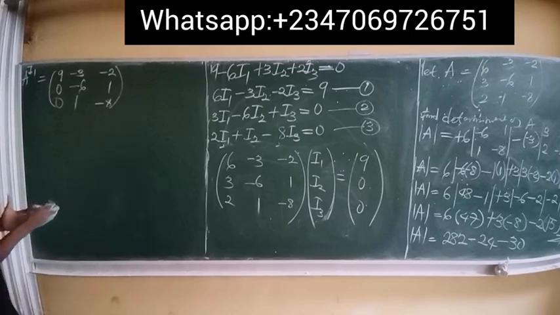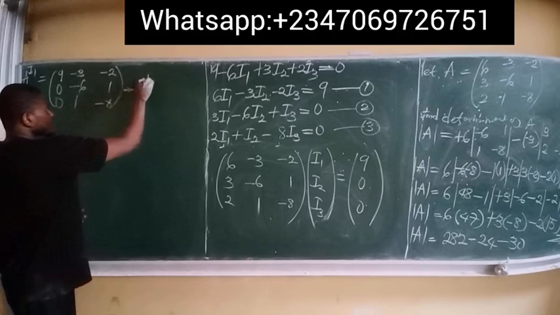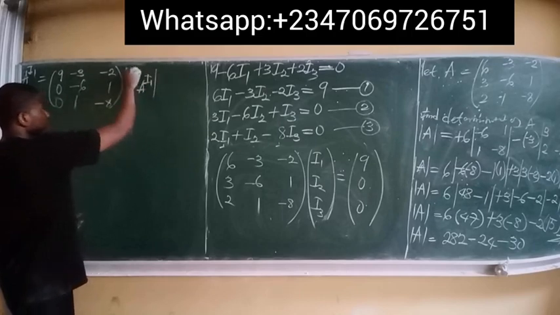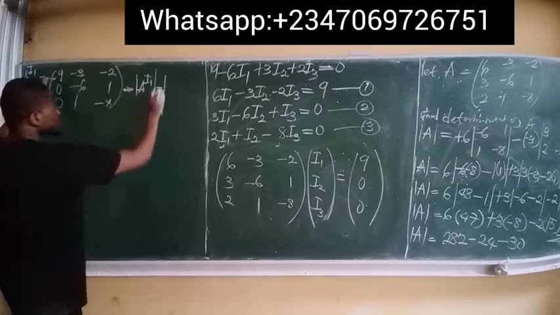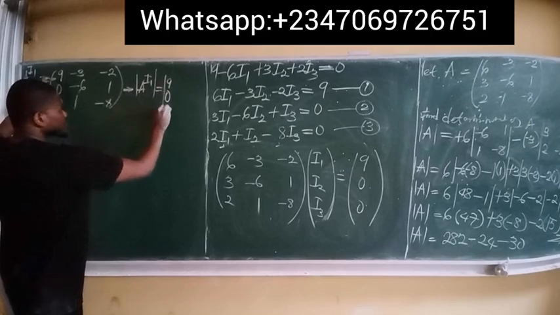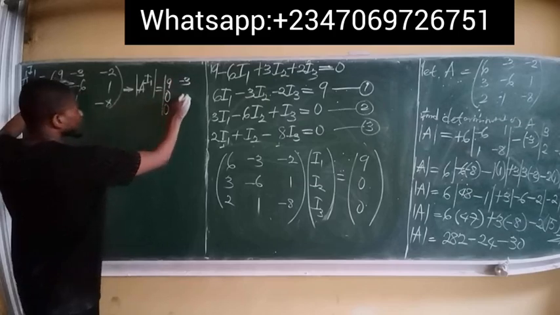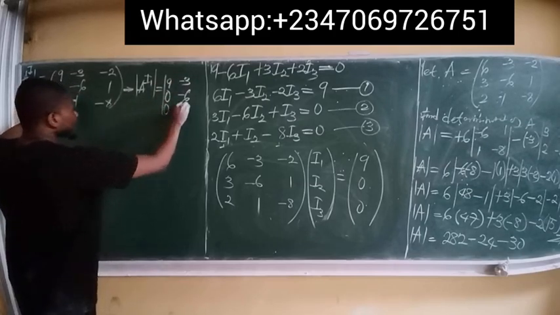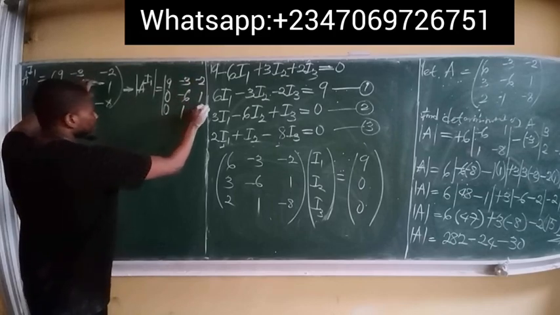So the next thing to do is to find the determinant of this matrix. So A to the power of I1, find the determinant of this matrix. Okay, so we'll put down our delta bar. That's 900, minus 3, minus 6, and 1, minus 2, 1 and minus 8.